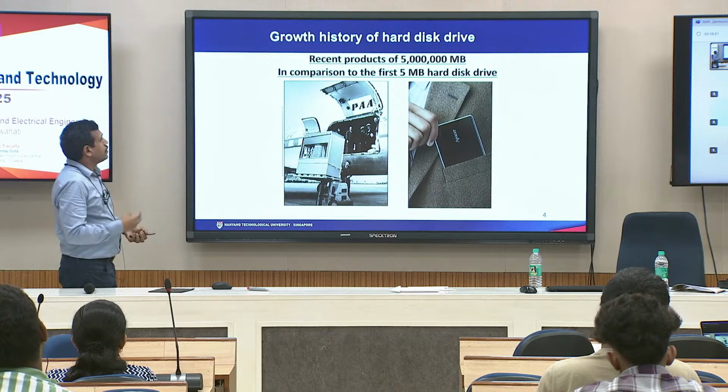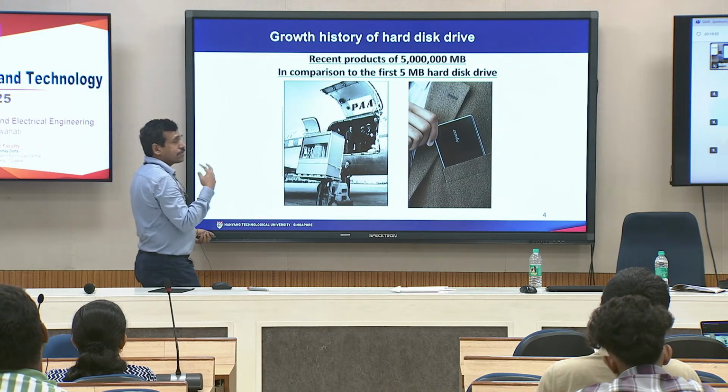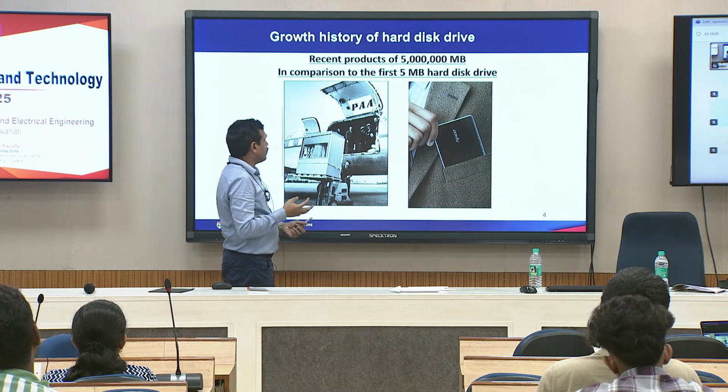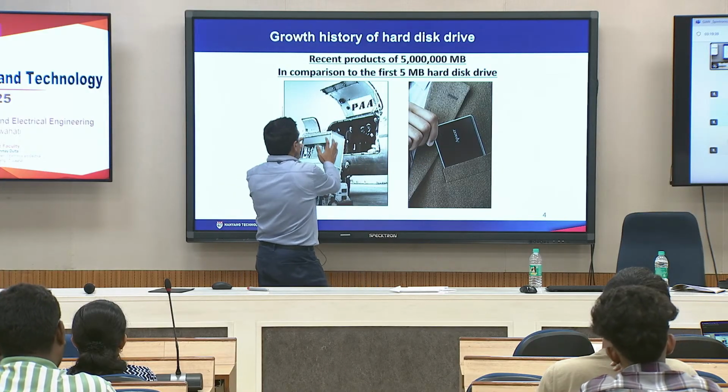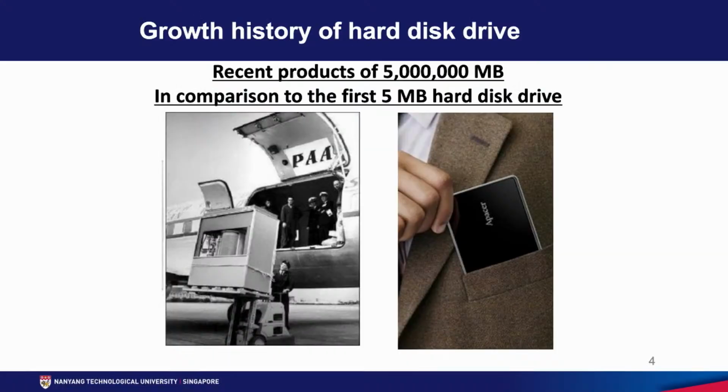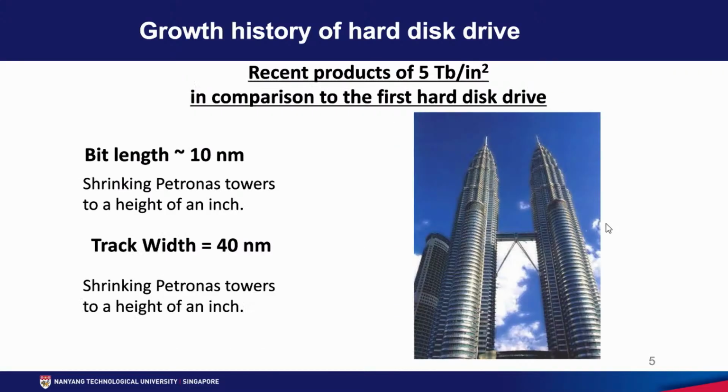But now we can easily have hard disk drives with 5 terabyte capacity. You can put them in your pocket. So, from this size we have come to this size, and from 5 megabyte we have come to a capacity of 5 terabyte, which is 1 million times larger. This is the growth that has happened in the hard disk drive.